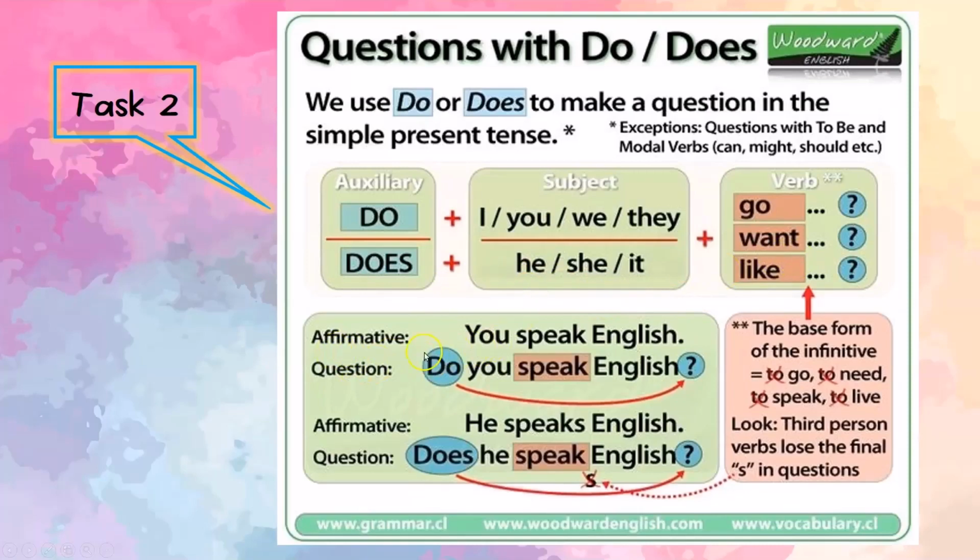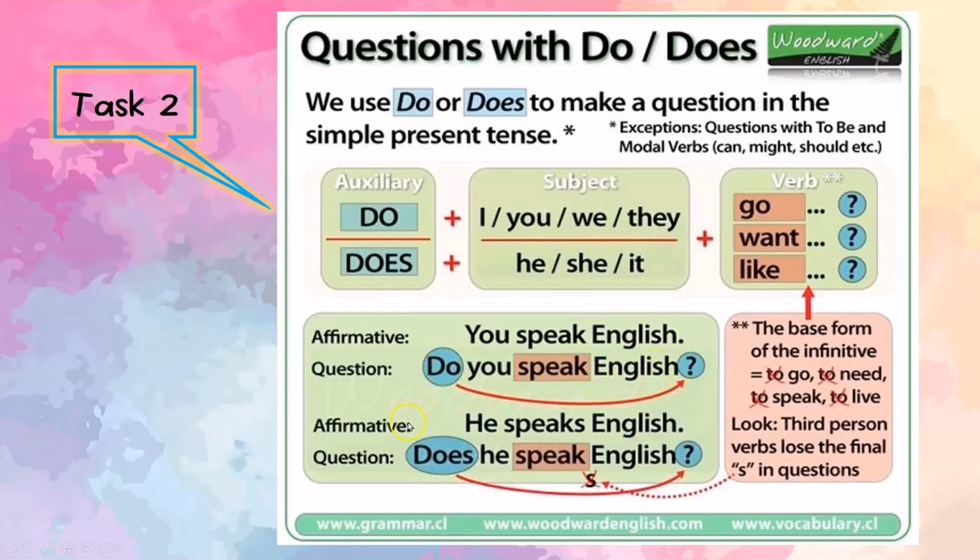Okay, look at the sentences down here. If it is affirmative, you will say, "You speak English." If it is a question, you will start with, "Do you speak English?" Why do you use do? Because of the subject you. Do you speak English?